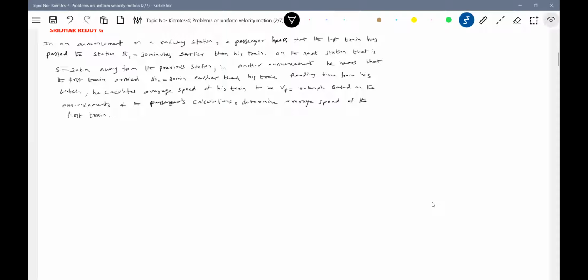At the next station, 20 kilometers away from the previous station, in another announcement he hears that the first train arrived 20 minutes earlier than his train. Reading the time from his watch, he calculates the average speed of his train to be 60 kilometers per hour. Based on the announcements and the passenger's calculation, determine the average speed of the first train. What shall we do here now? Okay, there are two stations.